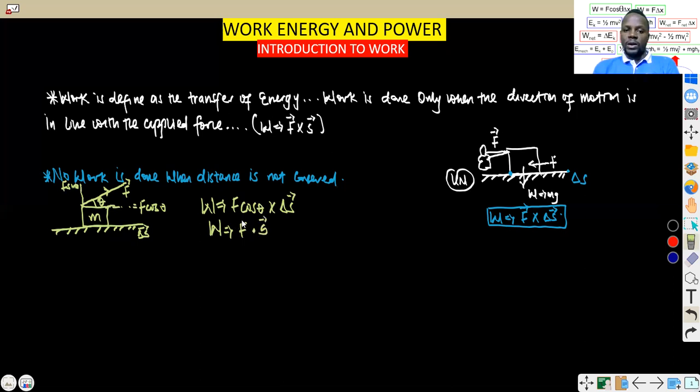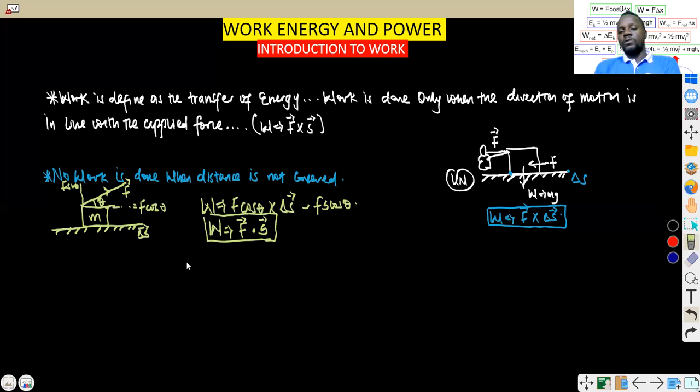So this is the way we represent another formula for work done when the direction in which the force is applied is not in line with the motion. What we use in physics is what we call F dot x. Some people can also put it as Fx cos theta. It's another important formula when an angle is given in the direction of work. So please keep this at the back of your mind. And this is what I call my introduction to work done.